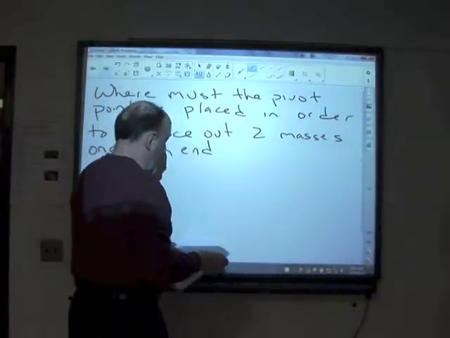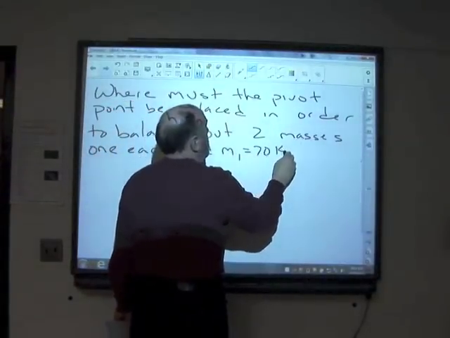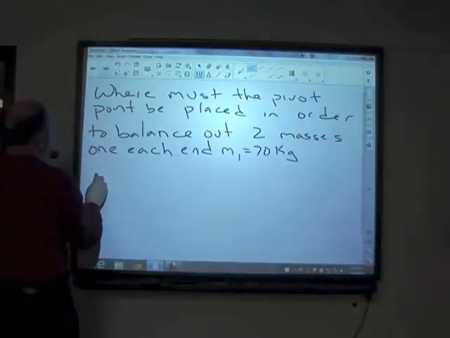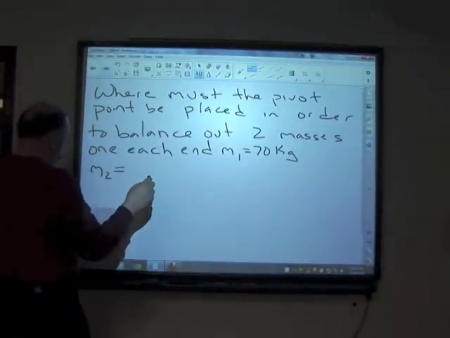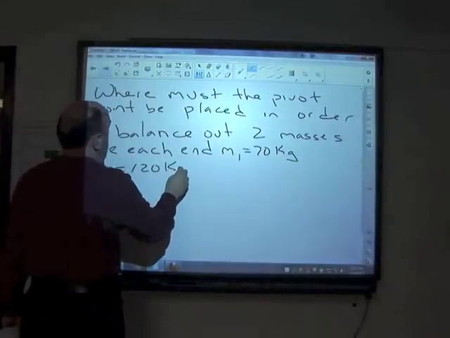And so mass 1 is 70 kilograms. Mass 2 is 120 kilograms. Okay.